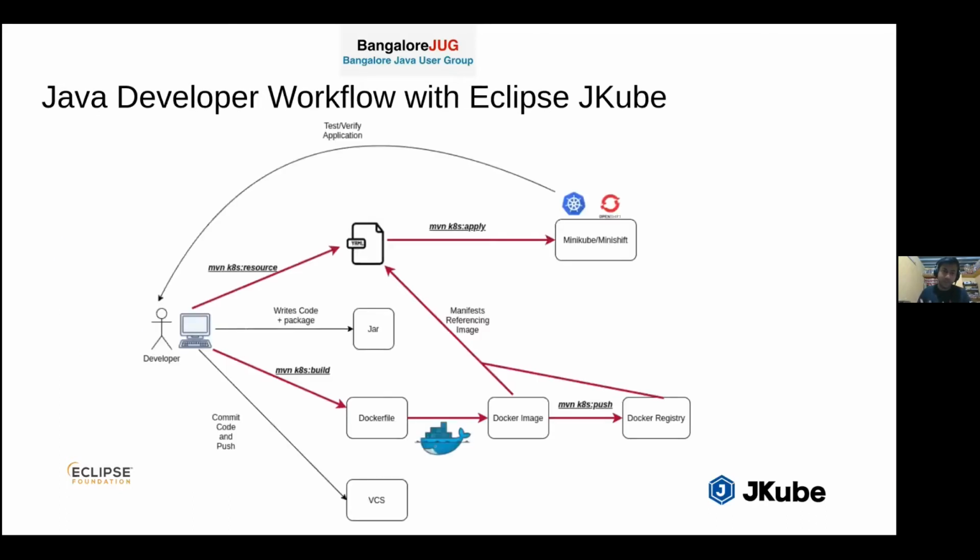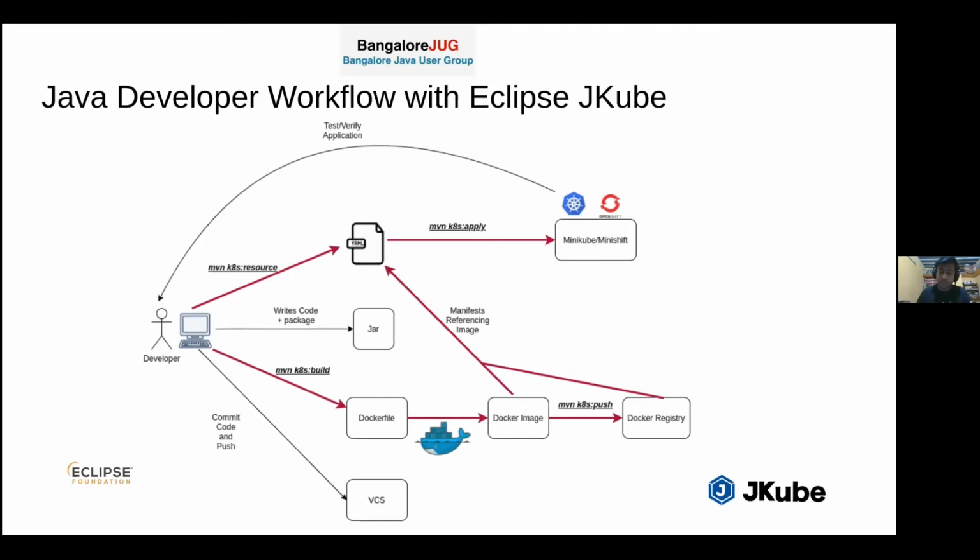So let's take a look at how JKube helps Java developers work smoothly on top of Docker and Kubernetes. Earlier, Java developers had to write Dockerfiles themselves, create the Docker image by running Docker CLI commands, and push the image to a Docker registry. All of these things are being replaced by Kubernetes Maven plugin goals. Building a Docker image is as simple as running the goal mvn k8s:build.